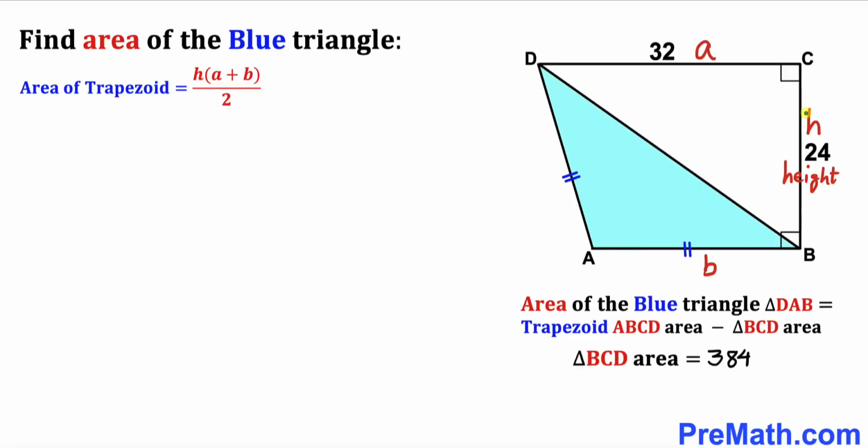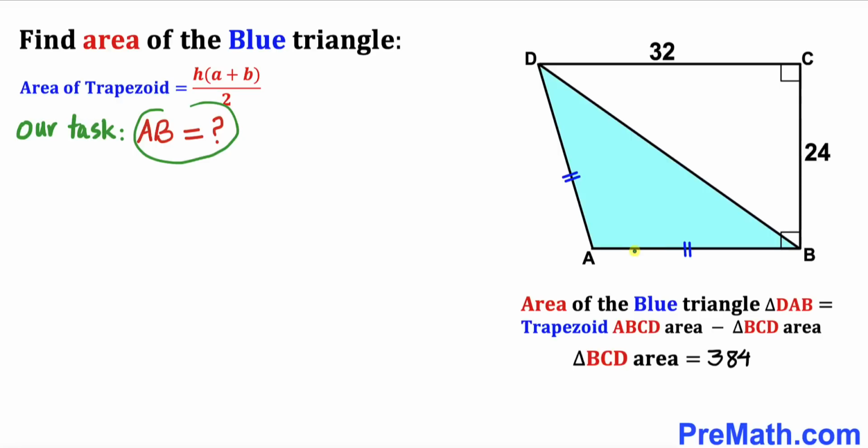In our case, our height h is 24, which has been given to us. This base a is 32. So the only thing that we need to calculate is this base length AB.